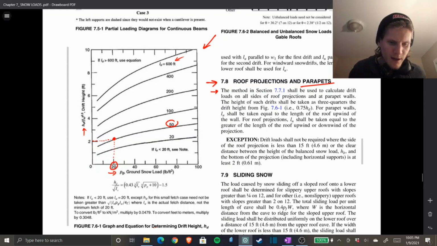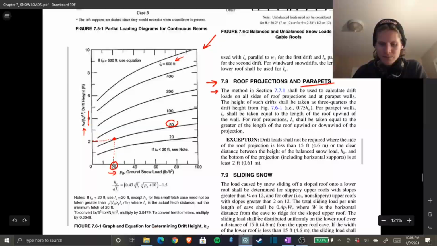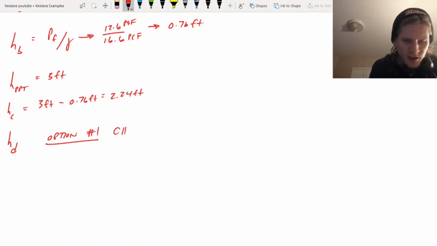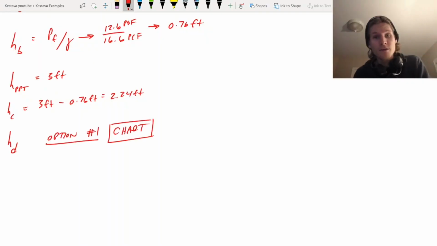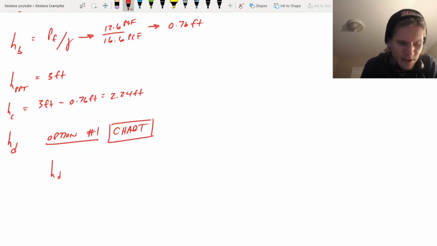If you look right here, it's actually H sub D over the importance factor for snow raised to the 0.5. You can also write that as the square root of the importance factor for snow. So let's go back on that and let me show you what I'm talking about. Option 1 is the chart. We just walked through the chart, but it's H sub D over the square root of importance factor S.